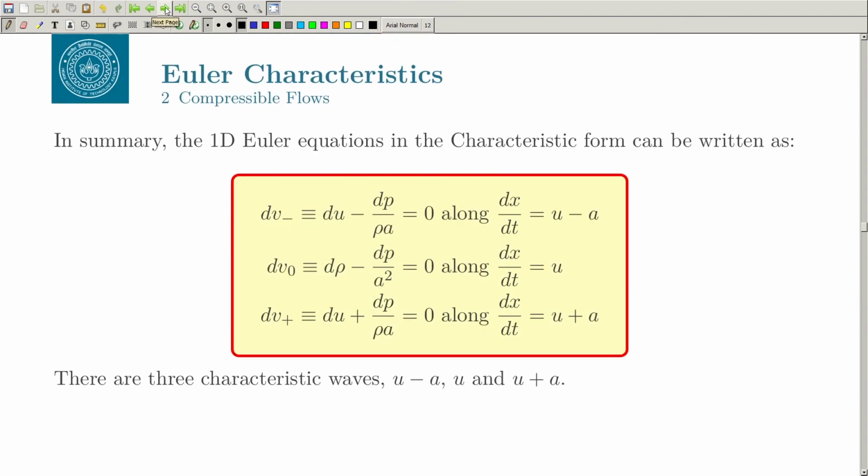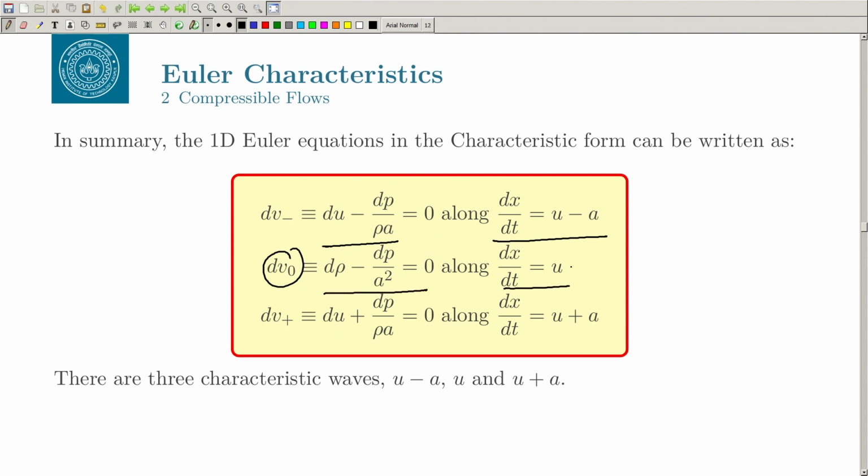In summary, if you look at these 3 equations, we have a wave du minus dp by rho a equal to 0, which is traveling at a speed of u minus a. Similarly, this dv equal to 0 corresponds to dx by dt equal to u, and this is the wave.